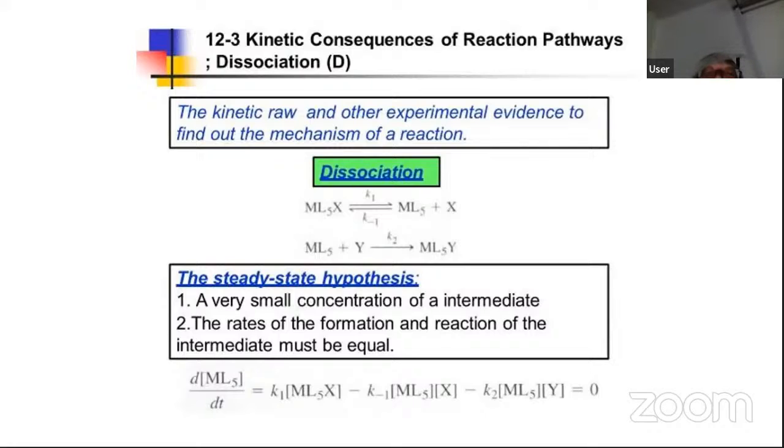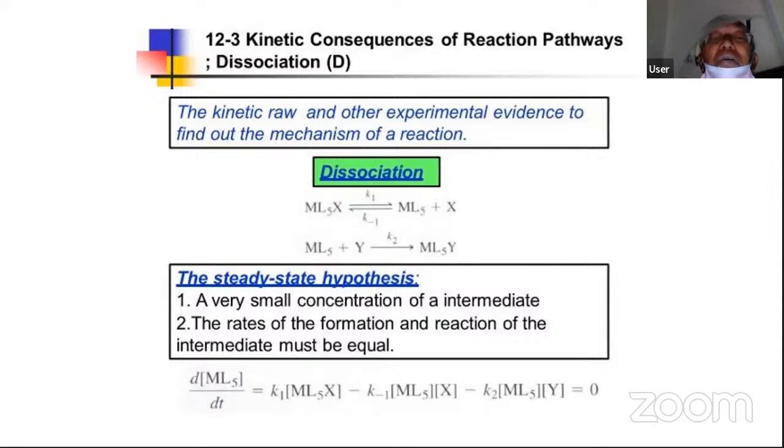Now, when you learn kinetic theory, you want to determine, or establish, the rate law. Using this scheme, you have to use one of the concepts called the steady state hypothesis, or steady state approximation. What it means is you have an intermediate. You do not know the concentration of the intermediate. No way for you to know, because it forms in between.